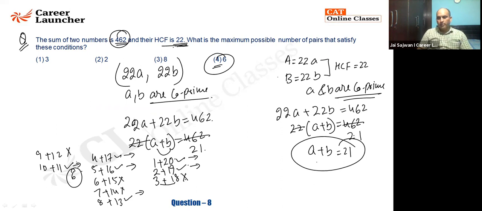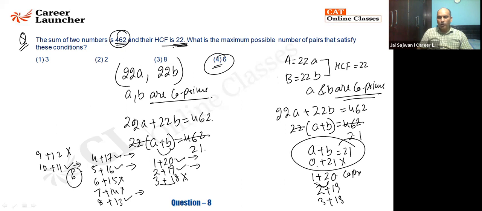Thank you, Sanket. So now I can say the numbers are 0 and 21, but it is not possible because 22 multiplied with 0 will be 0. So that does not suit here. So I'll say the numbers are 1 plus 20. You will say yes sir, 1 and 20 are co-prime, correct? 2 and 19 also.